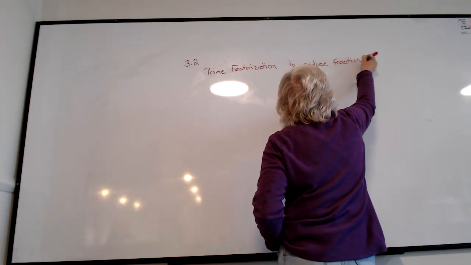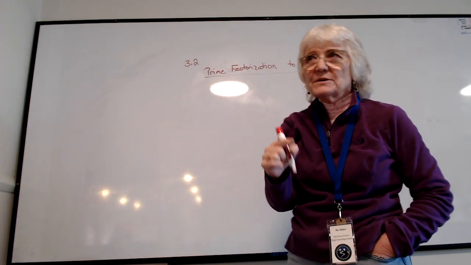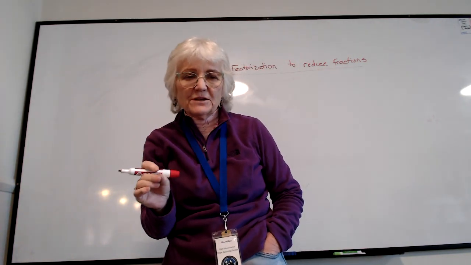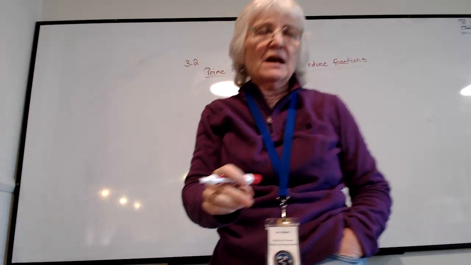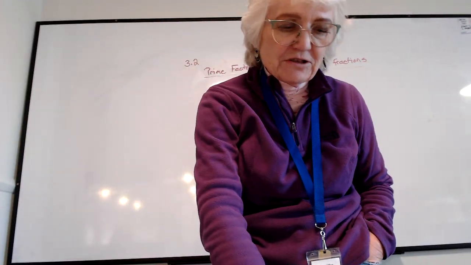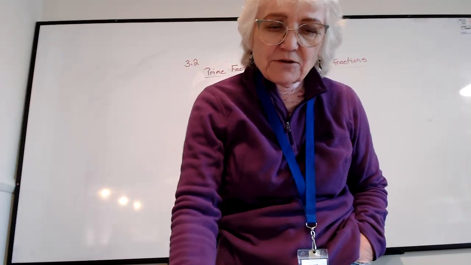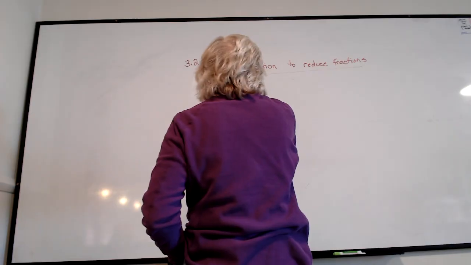Okay, this may sound like a lot of work, but for big fractions or big numbers on your fractions, it is one of the best ways to do it. So we're going to be practicing this a lot tomorrow, but right now we're just going to show you how to do it. So let's say I have two different numbers.